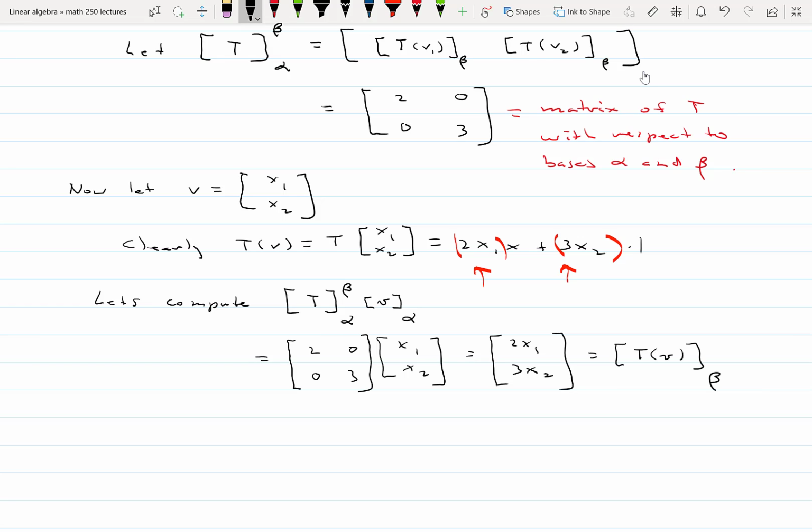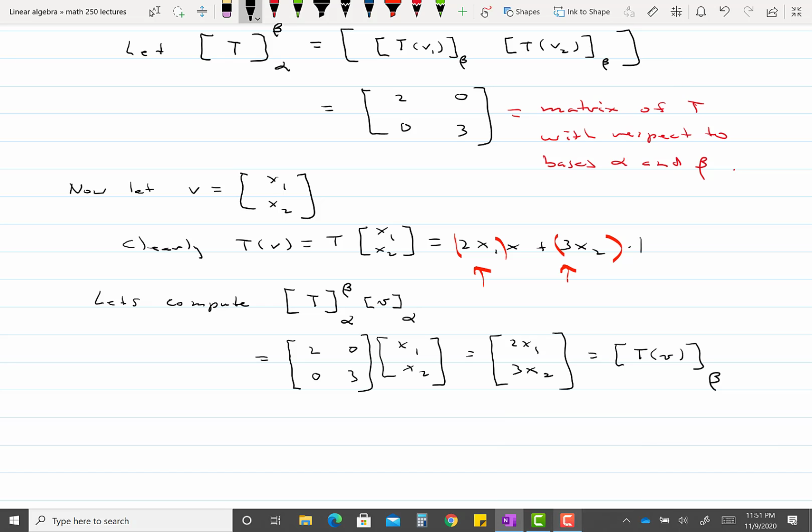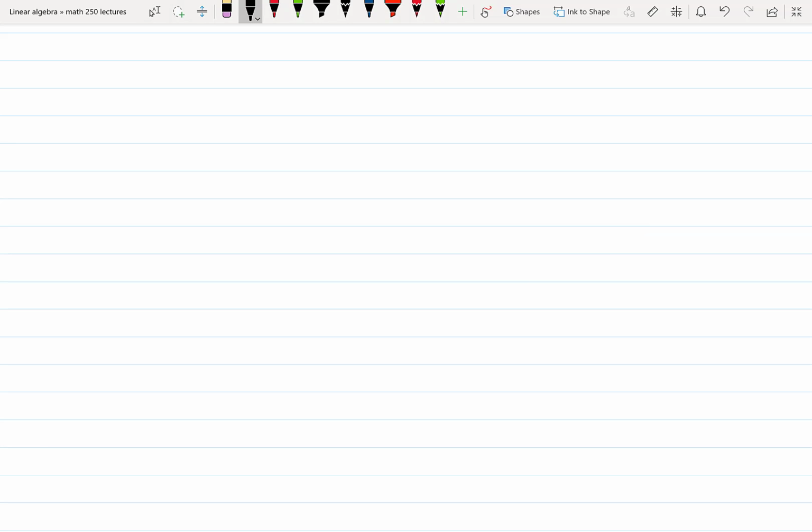So we're going to look at the general definition of the matrix of T with respect to two bases, alpha and beta. All right, first of all, let's start with a linear transformation. Let T take vector space V into vector space W be a linear transformation.